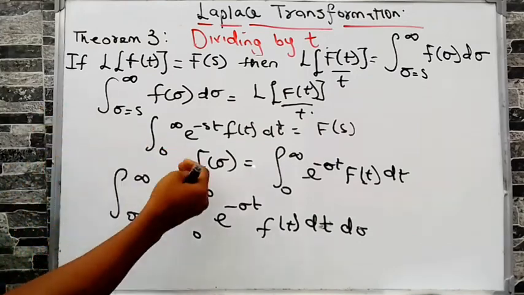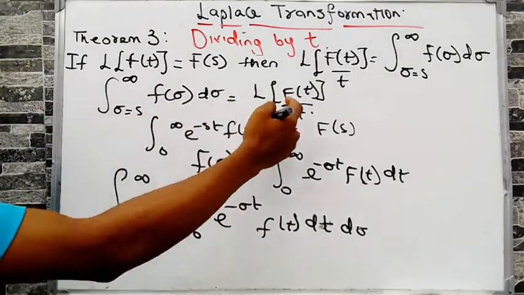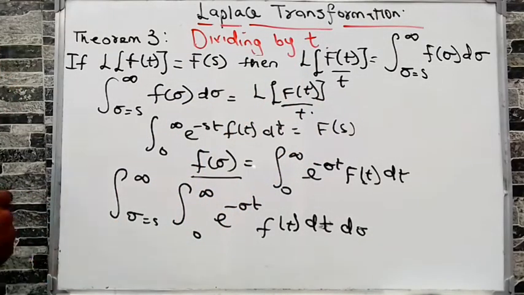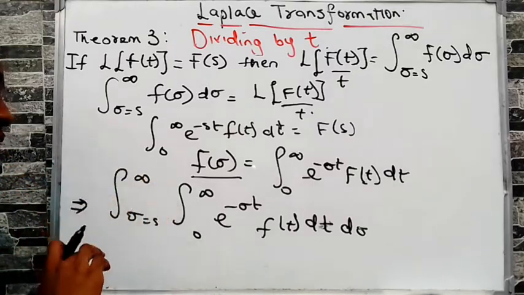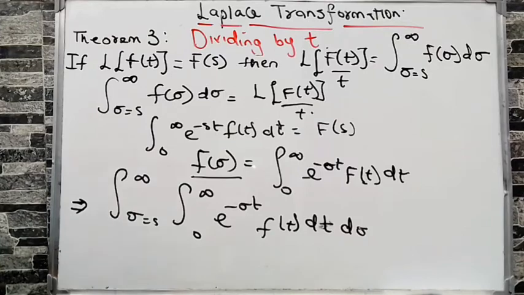So now, since I've successfully substituted this into this, let's prove that this gives us the Laplace of a function of t divided by t. Then we can solve questions. For us to solve this, we're having a double integral, so you have to solve the first integral with respect to a particular variable and the second integral with respect to another separate variable.